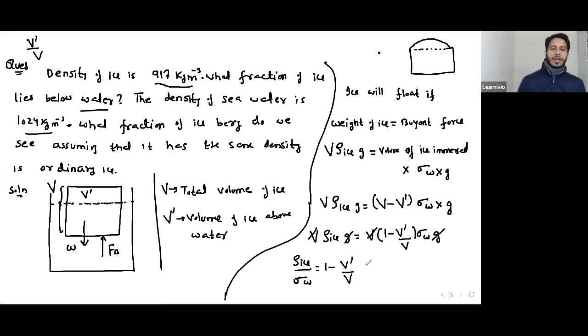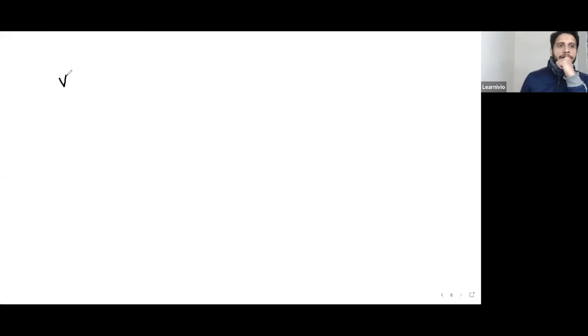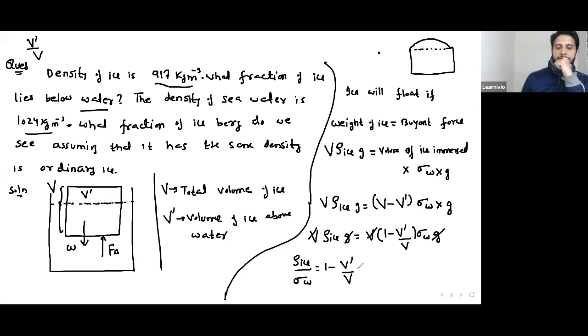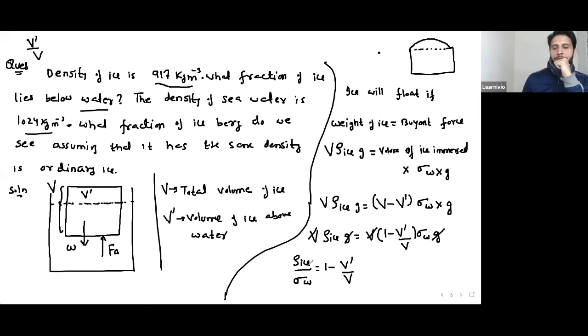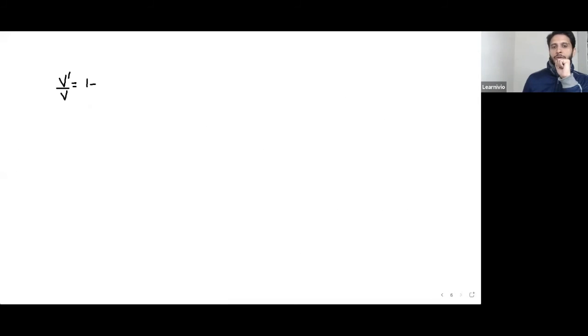So from here, you can calculate V prime by V. If you take it to the left hand side, V prime by V is 1 minus density of ice divided by density of water. The density of ice is given as 917.